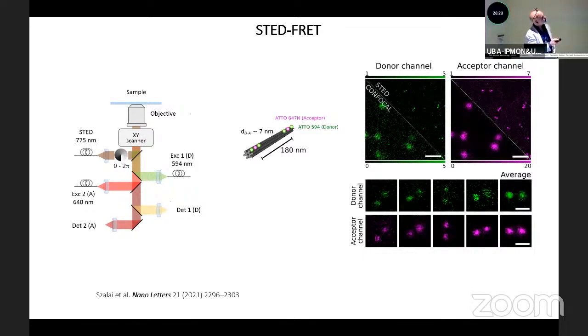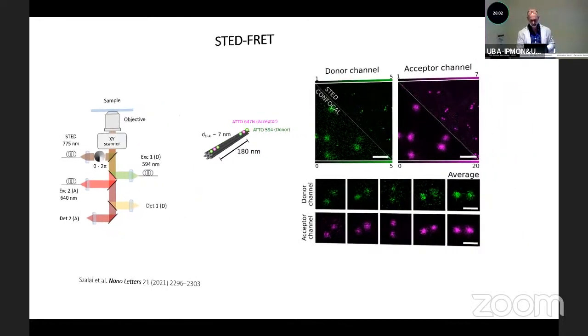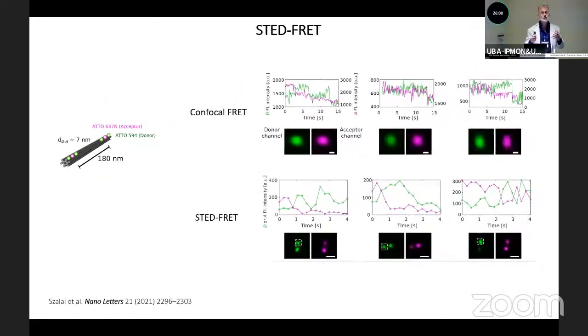And here you see measurements of a DNA origami sample. In a confocal image, you see diffraction limited spots. But if you do STED, then you see that each one of those spots is actually composed of 2, as you can see here. And you can detect donor and you can detect acceptor, super resolved. So now, if you have a measurement of the donor intensity and the acceptor intensity, you can compute FRET. First, we observed it by following in time. We let the molecules blink, and then we detected anti-correlated signals.